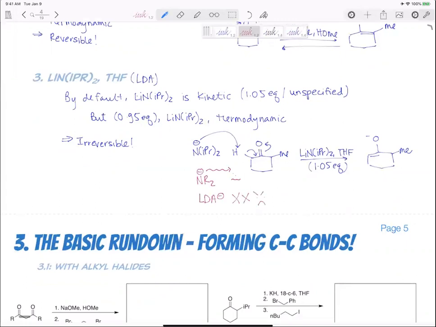Don't ever put LDA with a negative charge, because nothing in L, D, or A is basic in nature. What makes LDA basic is the fact that the nitrogen has a lone pair. So you have to show the full structure. Put an N, parentheses, iPr2. Don't put R, and most definitely don't put LDA.